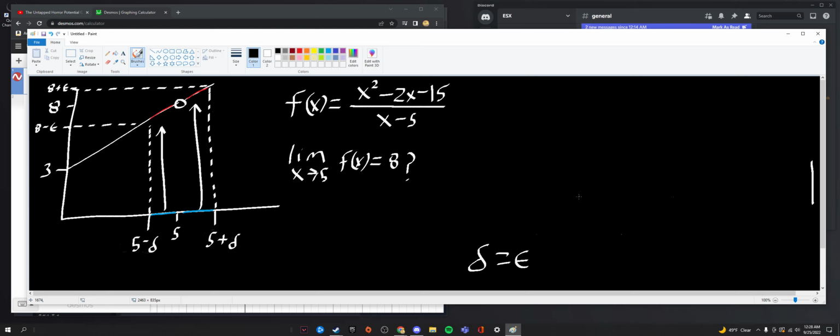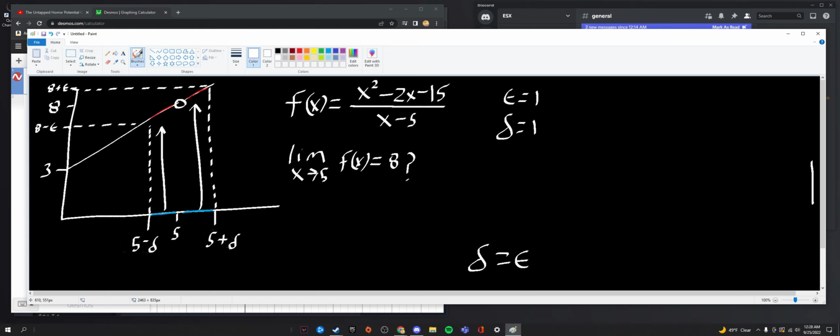Okay. So then, let me sort of try to prove that. So let's say that epsilon equals 1. Given delta equals epsilon, that would mean that delta would also have to equal 1.